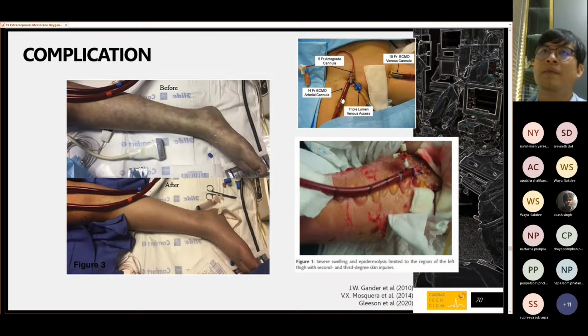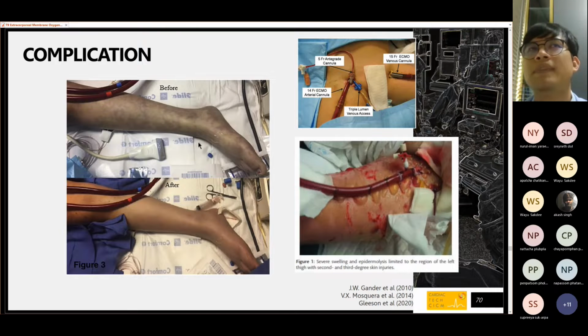Here is the main ECMO arterial cannula. Here is the venous cannula. So before putting in, let's say, the distal catheter here, you can see the color of the skin has changed.